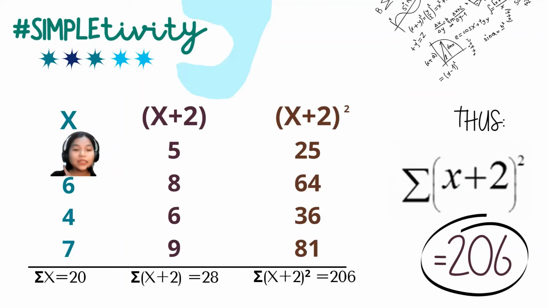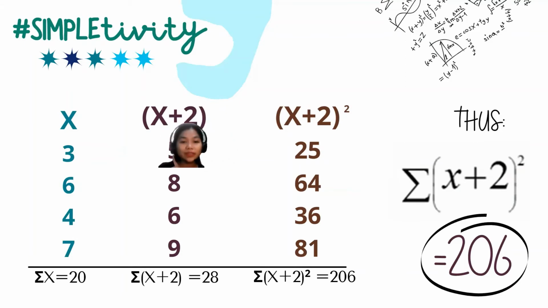If we get the summation of x, we have 20. If we get the summation of x plus 2, not yet squared, it's 28.